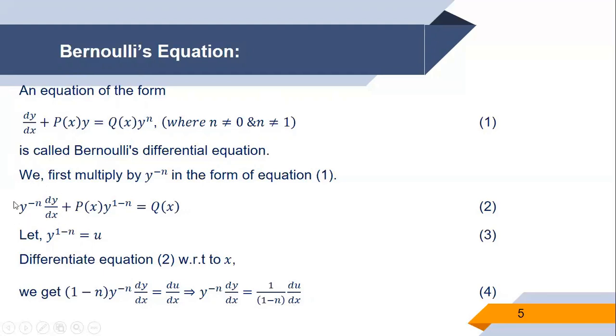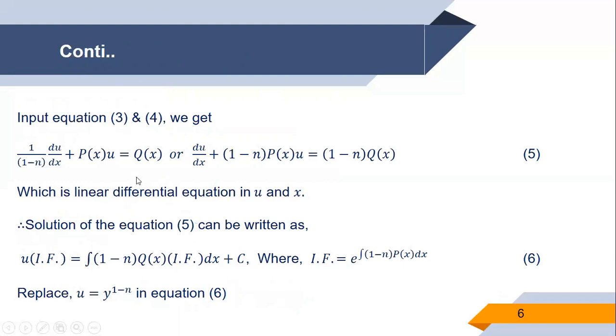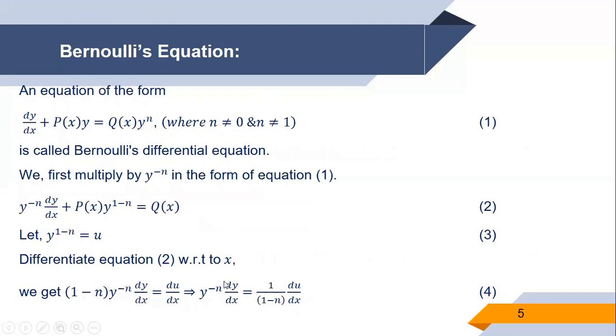Suppose we call this equation 4. Now in equations 3 and 4, the term y raised to minus n dy by dx is replaced with 1 upon 1 minus n du by dx, and y raised to 1 minus n is replaced with u.